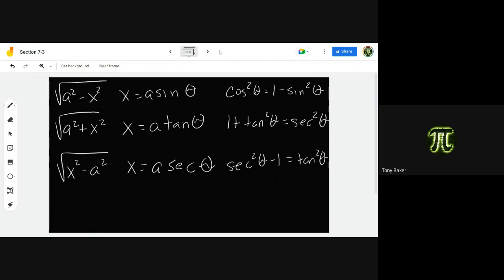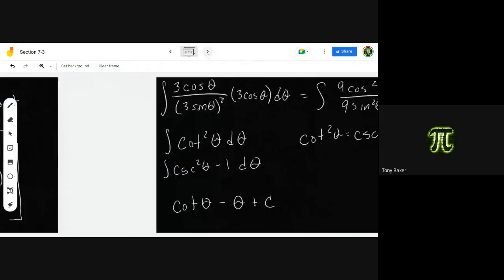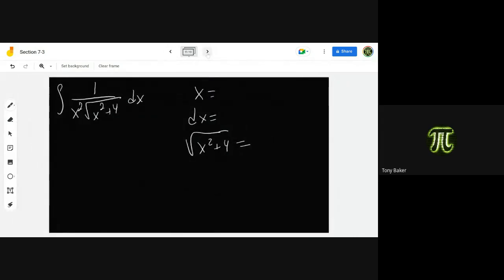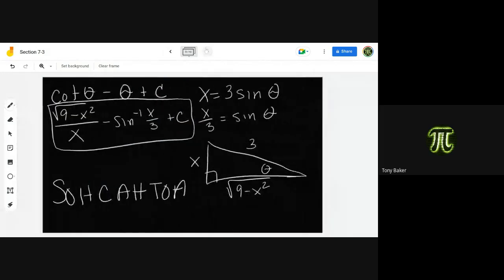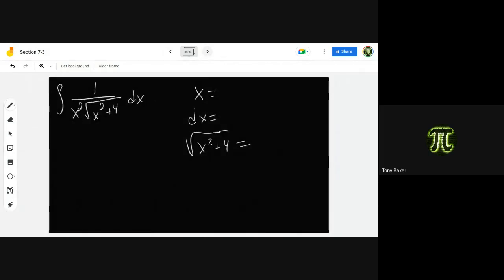So this one was x squared plus 4. So you should be using tangent theta for this one, even though it's reversed. Remember the whole conversation, plus doesn't matter being reversed. So your x should be 2 tangent theta.